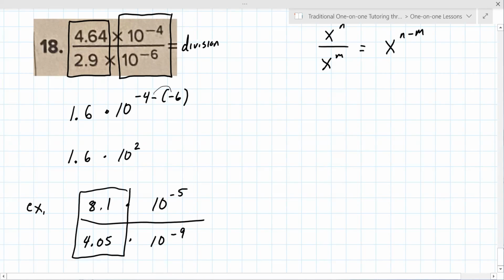If you have a calculator handy, go ahead and divide those. Okay, so it is 2.